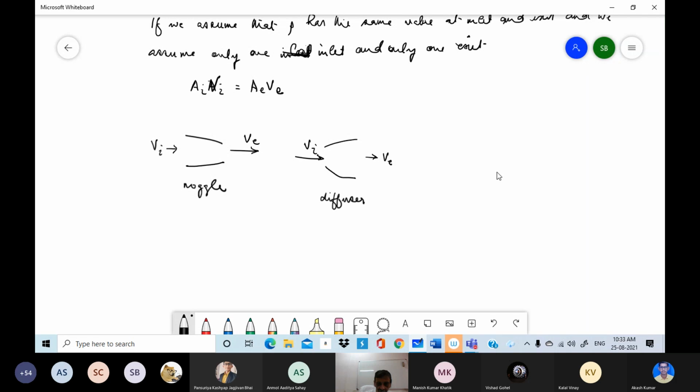Now, if you look at books on the chapter on compressible flow, you will find that this is true for subsonic flow.